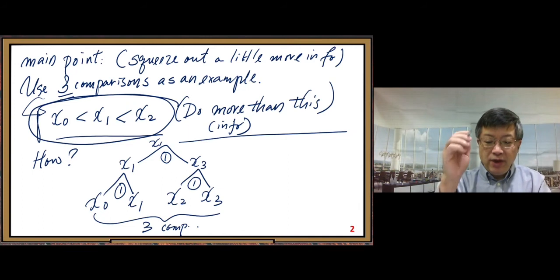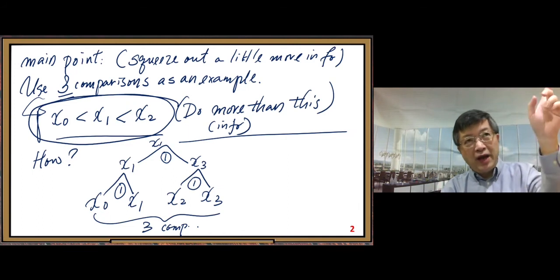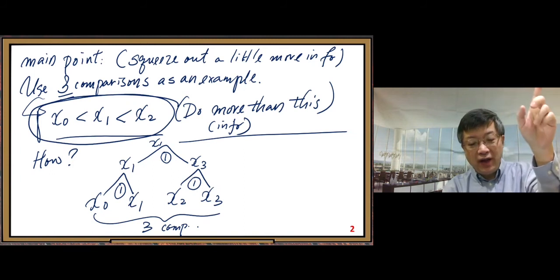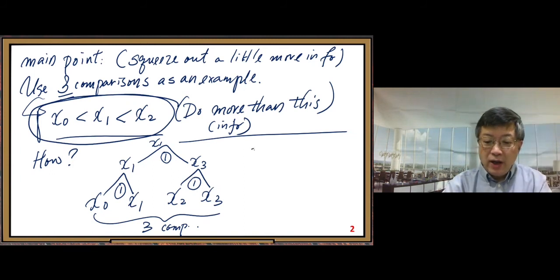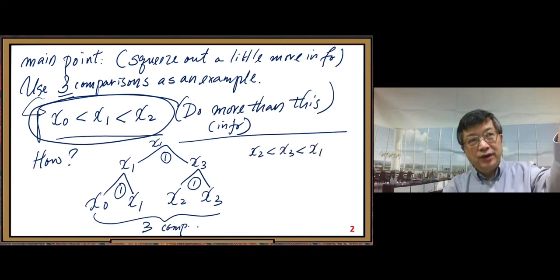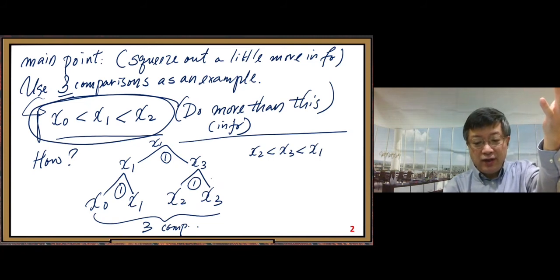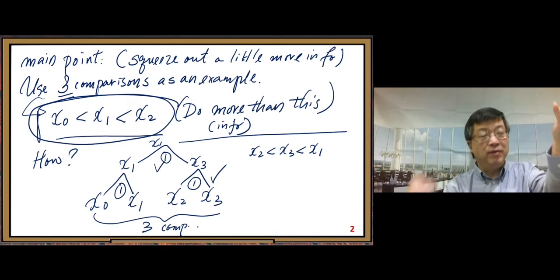Right? The information we get, all right, first we get a sorted 3-element array in this way: X2 less than X3 less than X1, right? Do we get this? X2 less than X3 from this comparison, X3 less than X1 from that comparison.